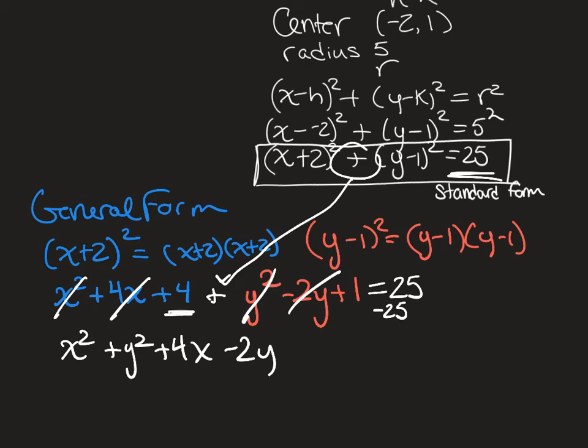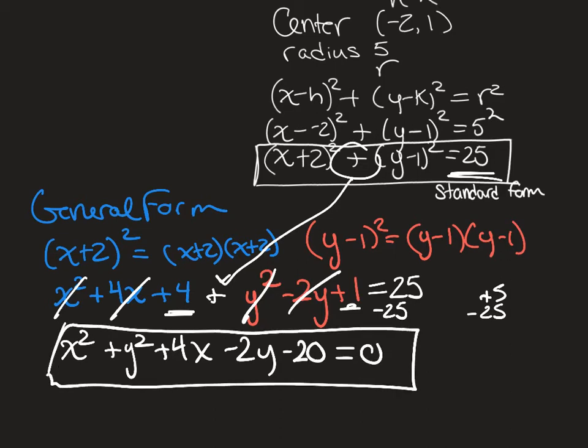So right here I have a 4 plus a 1 is 5, and then I'm going to minus 25. So I have a positive 5 minus 25, so minus 20 equals 0. This is also a correct answer. This problem didn't say which way to write your answer. This was another acceptable answer, but this is general form. Let's go on to number 3.